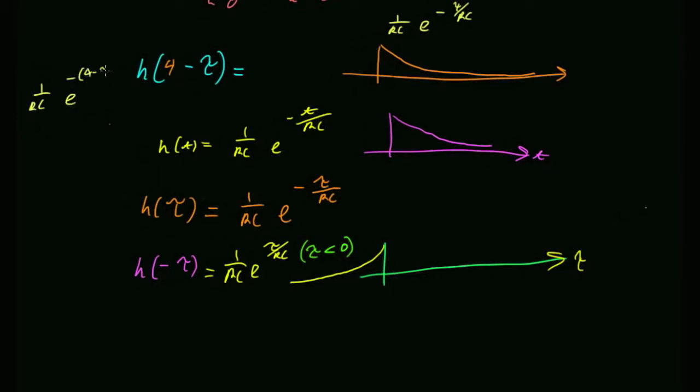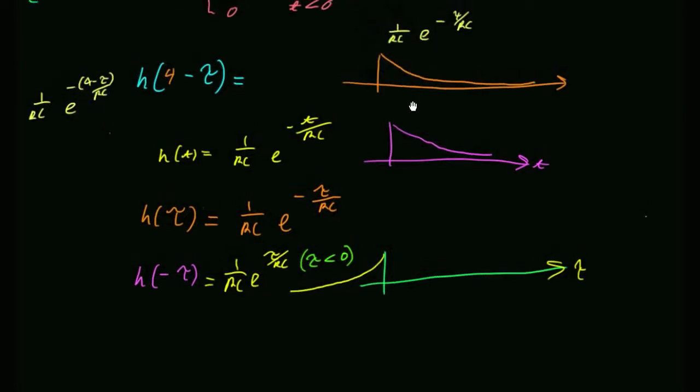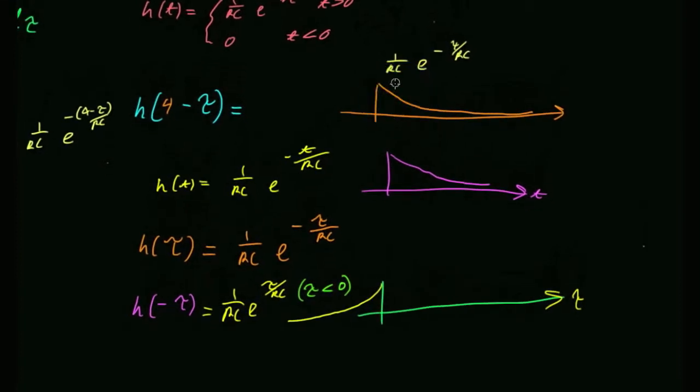So if I put a 4 here, then in essence I've shifted it to the right by 4 units. Which is weird because usually when you do a positive t, it's a shift to the left. But because I've got a negative tau, it's actually a shift to the right.